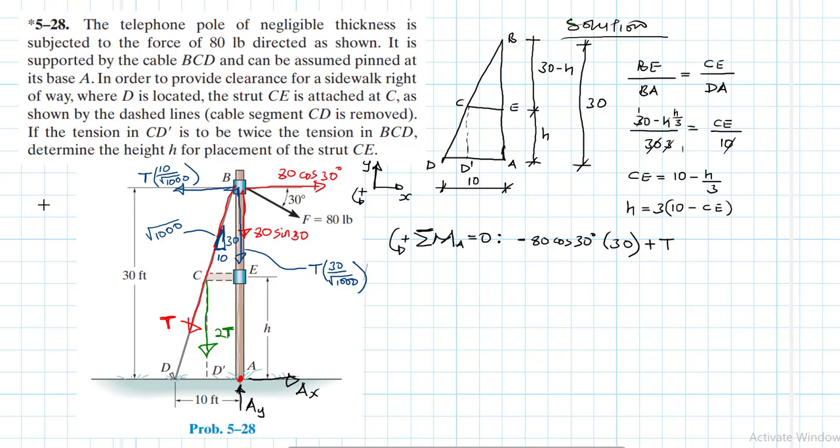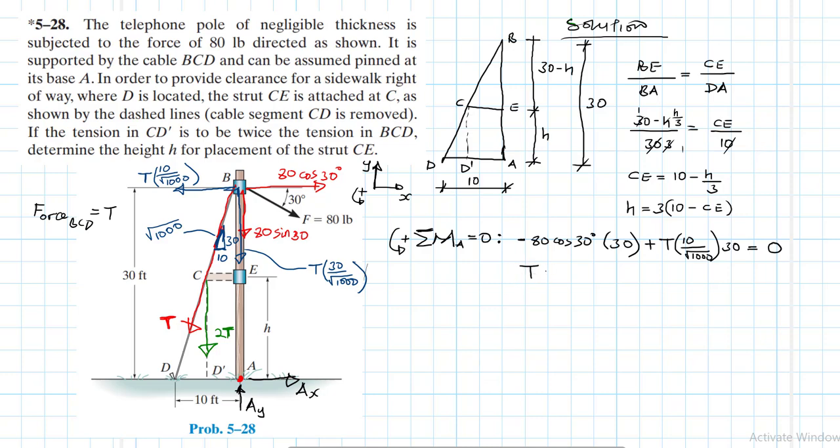So we are saying force BCD in this case is equal to T. This is what we are saying. Okay. So T times 10 divided by root of 1000 times the lever arm, which is 30, is equal to 0.